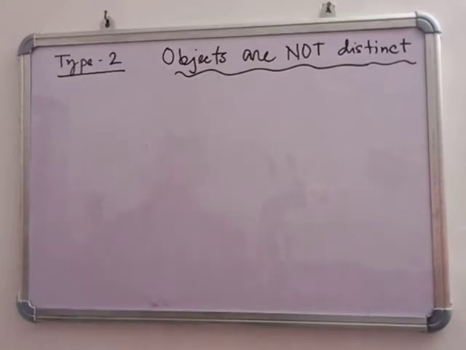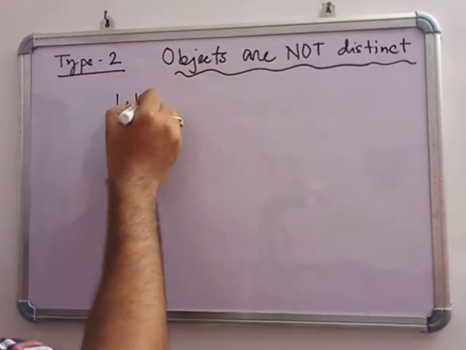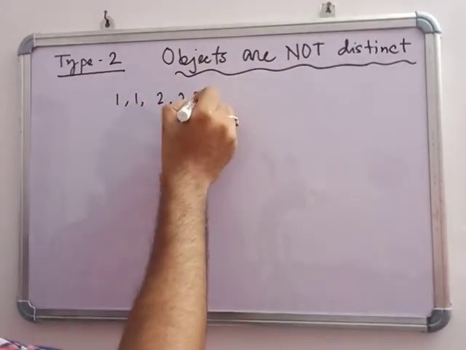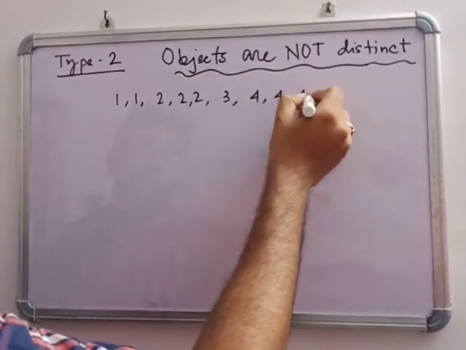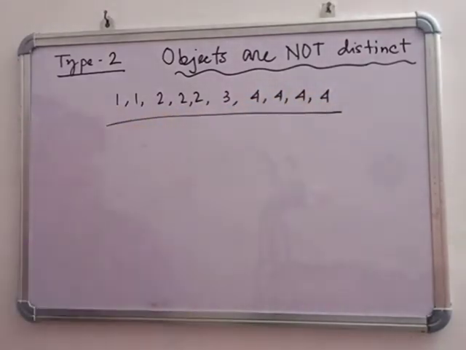In type 2, the objects are not distinct. What is the meaning of that? It means we have 1, 1, 2, 2, 2, 3, 4, 4, 4, 4. So 2 ones are there, 3 twos are there, 4 fours are there.